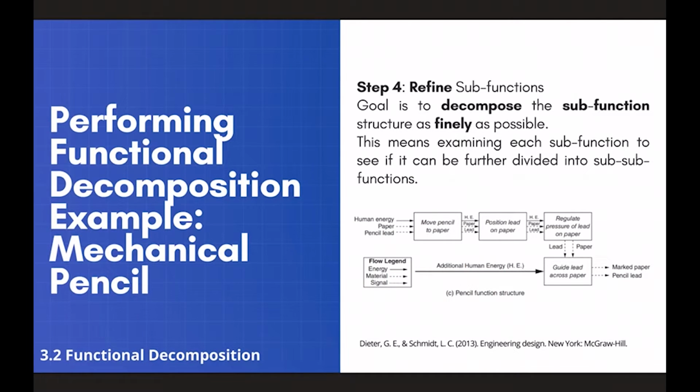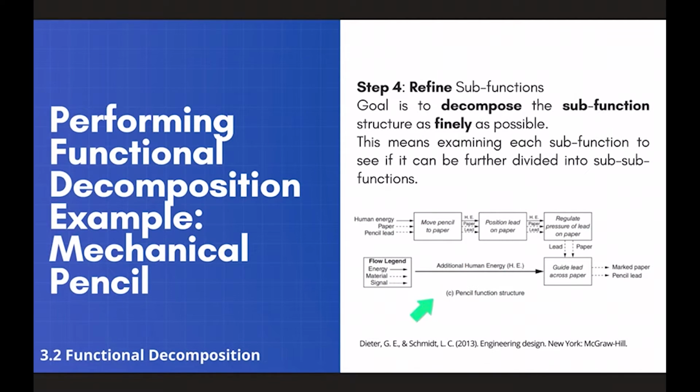So step 4 is to find whether we can add more sub-functions into this schematic diagram or not. If you can add a new, smaller sub-function in the schematic diagram, you can add it. But if you cannot add a new sub-function, it is just okay.